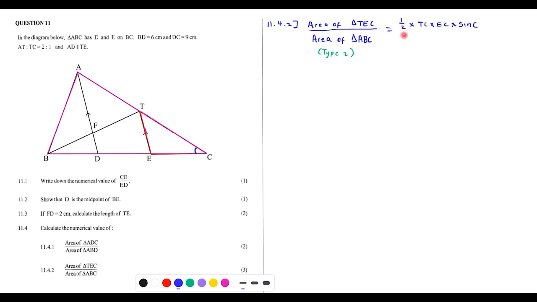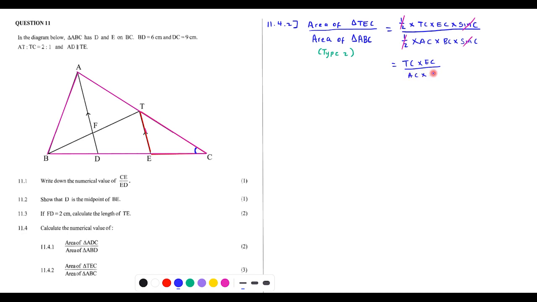Over, the bottom one is going to be 1/2 times AC times BC times sine C. As you can see, this cancels with that and this cancels with that, and we get TC times EC over AC times BC.